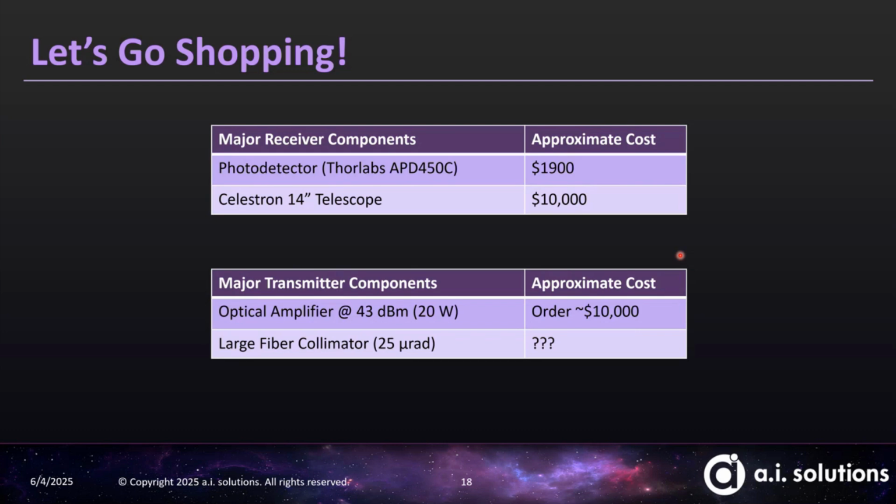And then finally, you need a fiber collimator, which is basically the thing that focuses the laser. The figure of merit for the fiber collimator is how small the beam is, and it's about 25 microradians on that thing.